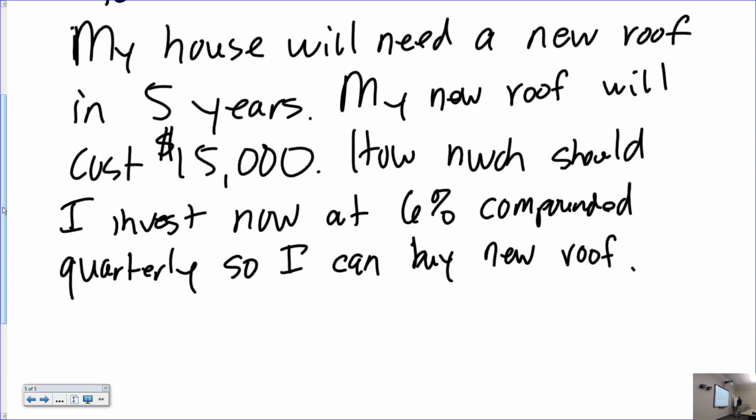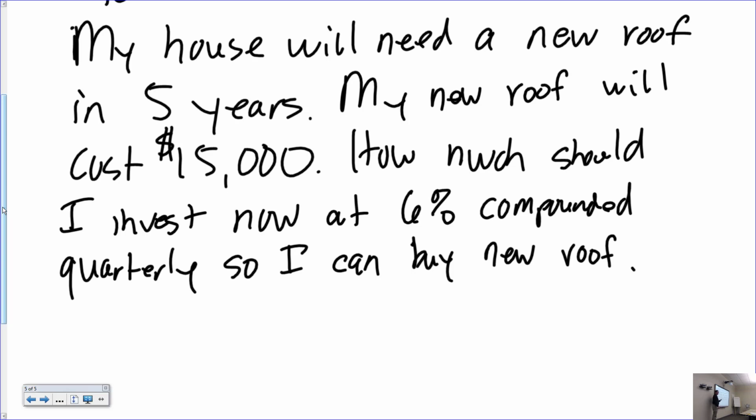So the whole idea is that this year I played the lottery because it's a $750 million lottery, and say I don't hit all the numbers, I only hit like 4 or 5 of the numbers, so that I win like $12,000 or something like that, right? I get a mini windfall, and instead of doing what you normally do when you win $12,000, and that's to immediately spend all of it, you think about it and say, oh, that's right, I'm going to need a new roof in 5 years.